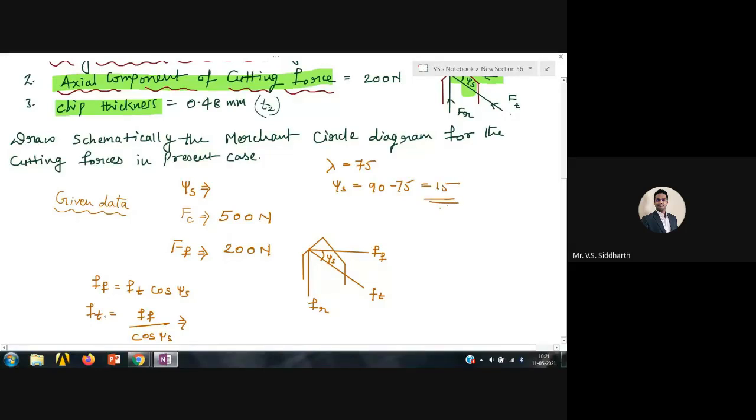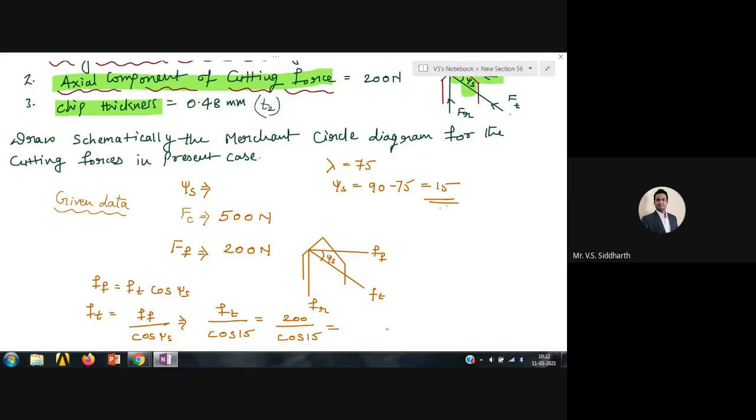Right? So here to calculate FT, you have to write it as FF upon cos 15. And if you are writing it in terms of lambda only, then you have to write sine 75. So 200 upon cos 15. How much are you getting? Quickly you have to tell. Bring the calculators. 200 divided by cos 15.